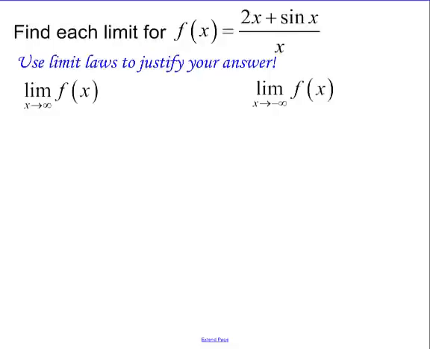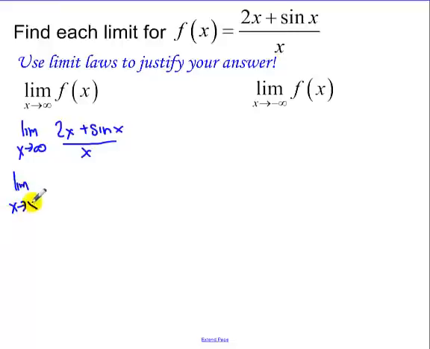Okay, find each limit for each one of these functions. So the limit as x goes to infinity of 2x plus the sine of x over x. Now you can separate out the numerator.